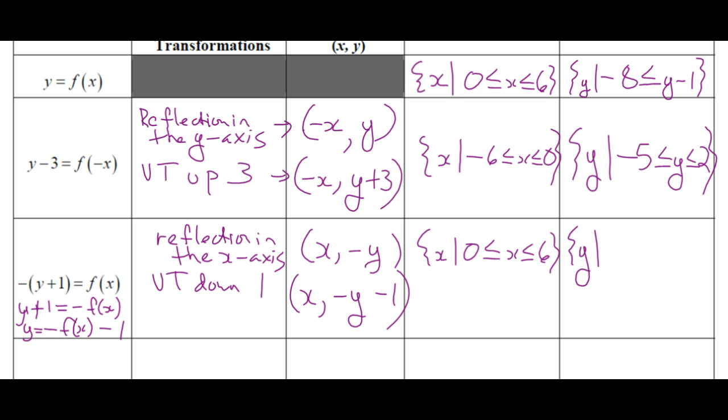If you want, you can do it in 2 steps. Okay? It's not necessarily a bad thing to do it in 2 steps. Just say, okay, what did the range do when I reflected it in the x-axis? And then what did it do? It's not bad to just say, it did this, and then it did this. And it's not bad to just say, here's where it ended up.